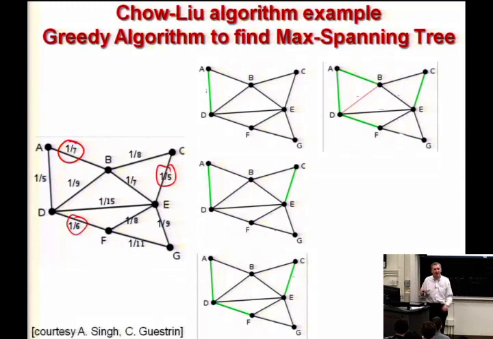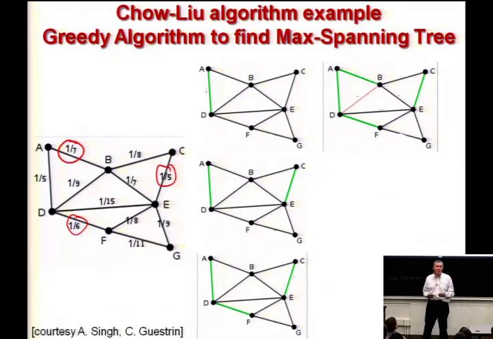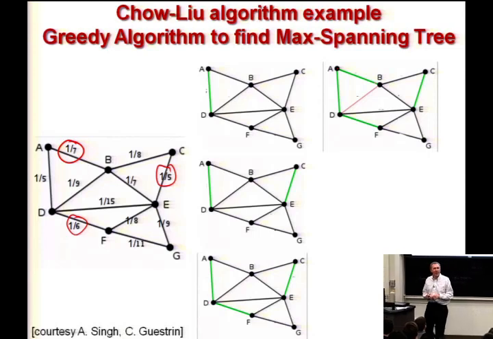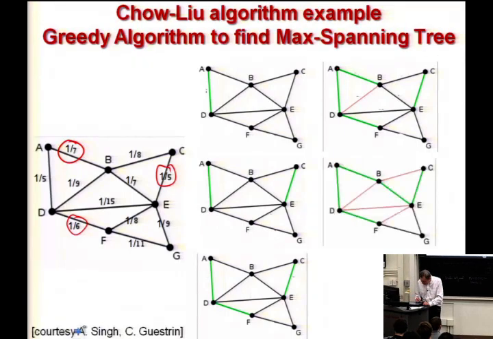I'm marking them red here so that they don't get considered. And then subject to that removal of edges that would make it a non-tree, we add greedily the next highest mutual information edge that, if added, will still make this thing a tree. And so that's it. Just keep going like that. So we add the edge from B to E, and that now rules out several more edges, which we mark red.